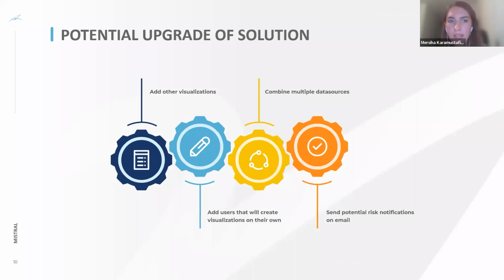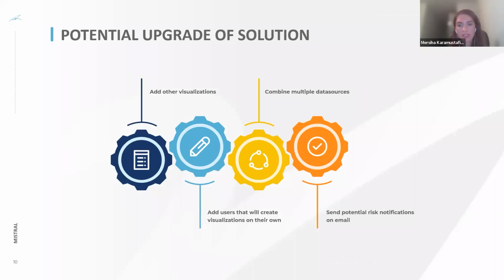And another potential upgrade of the solution is to send potential risk notifications by email. This could be pretty useful if we have some important values that vary over time.